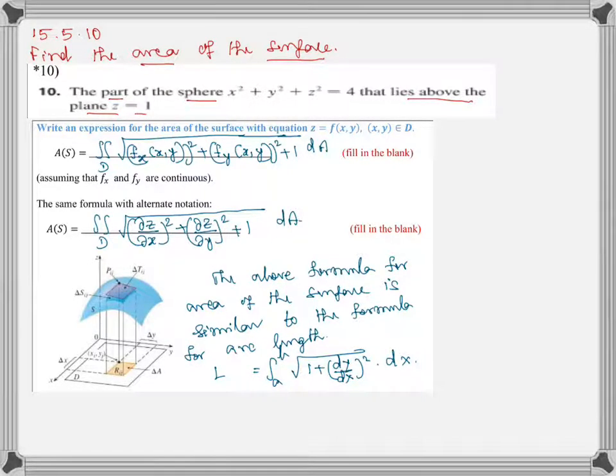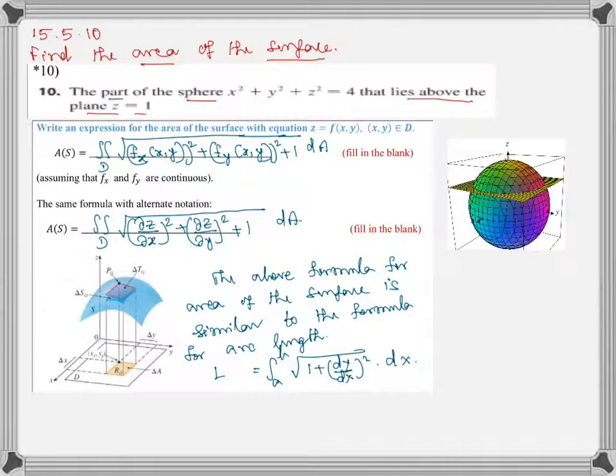Now, what is the domain of the surface? The domain of the surface is obtained by finding the intersection of the surface with the plane z equals 1. That will be the domain over which we have to find the area of the sphere. So let's look at the picture for this.